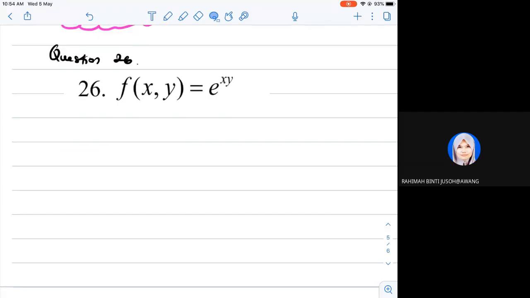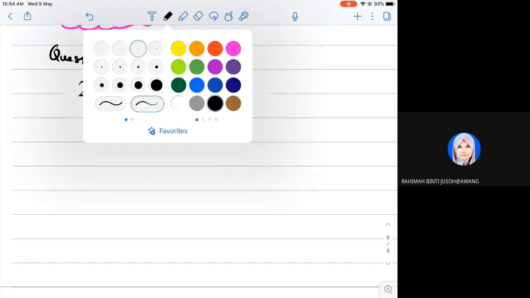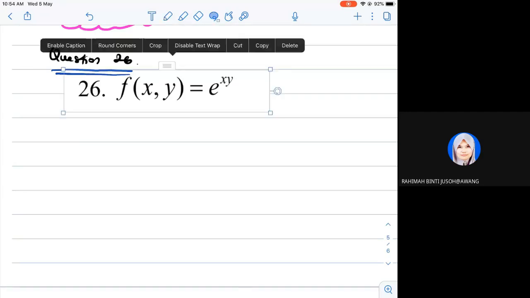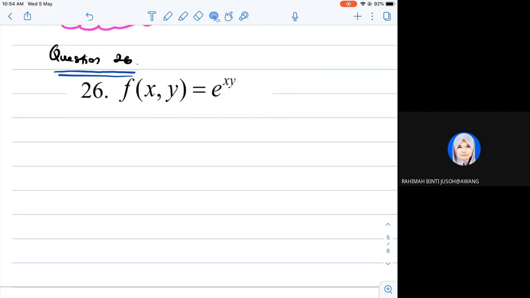Ada exponential. So far tak silap saya dalam final exam tak pernah lagi keluar exponential lah. Pernah sekali kot dalam 3 tahun lepas if I'm not mistaken. Ada soalan function exponential. But for this semester, not sure lah. Keluar ke tak, tak apa. Kita just buat je dulu ni.